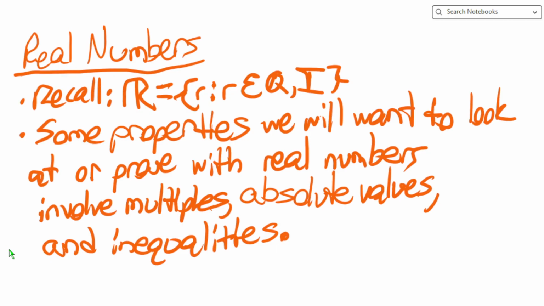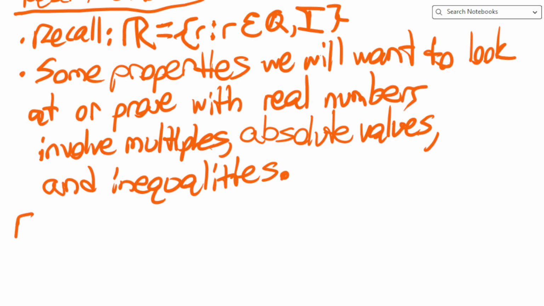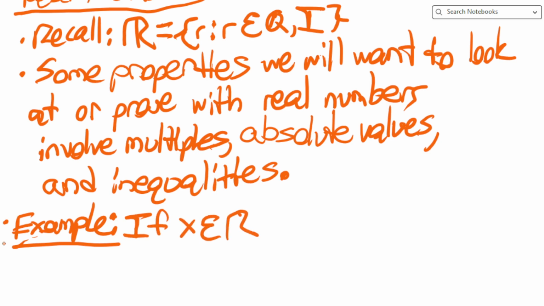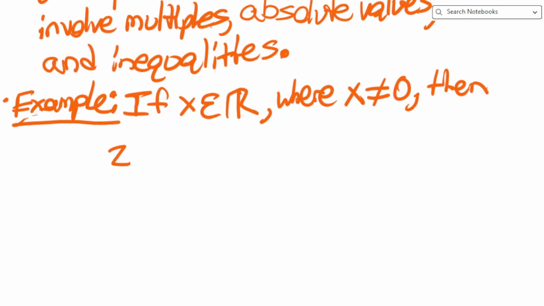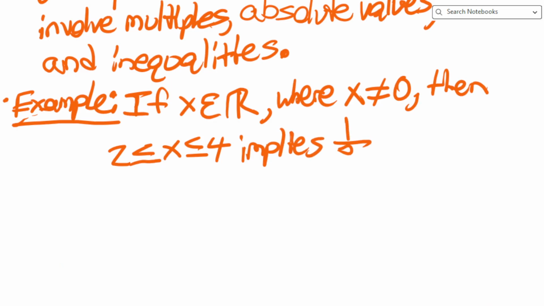So, an example: say we are given this proposition: if x is a real number where x is not equal to 0, then 2 is less than or equal to x, which is less than or equal to 4, implies that 1 over 8x is less than 1 over x squared plus x.